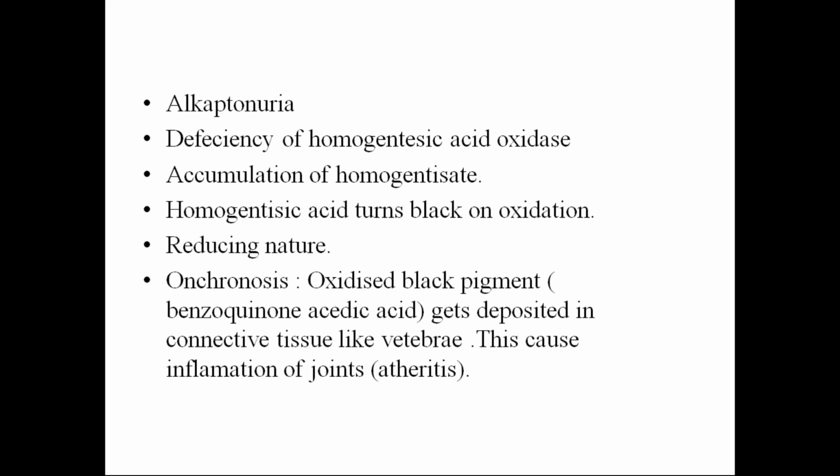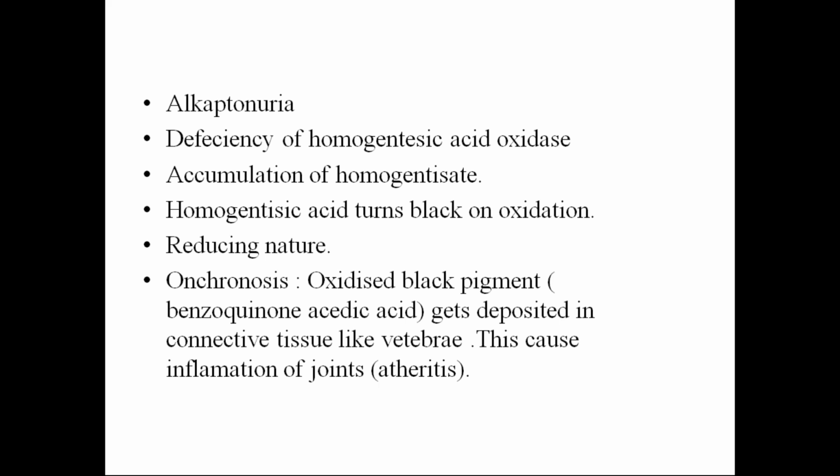So as I have told you, this homogentisic acid is oxidized and it gives the black color. So oxidized black pigment. The black color is due to the benzoquinone acetic acid.